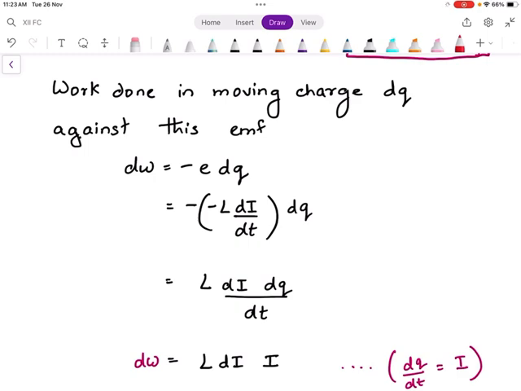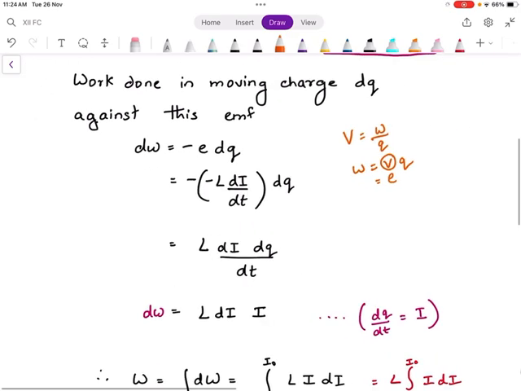From where did I get this? You will remember the equation V is equal to W upon Q, so W is equal to V into Q. V is nothing but the potential difference, or EMF, so I can substitute this as E. The work done is EMF into the charge. The minus sign just indicates that we are performing the work against the EMF.